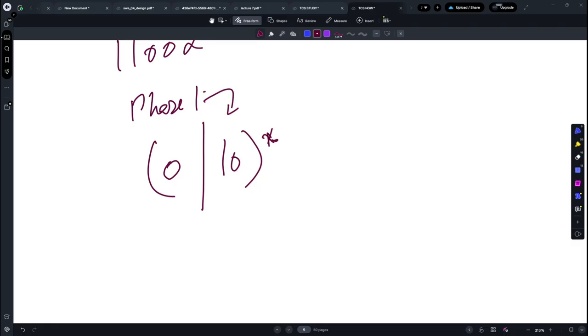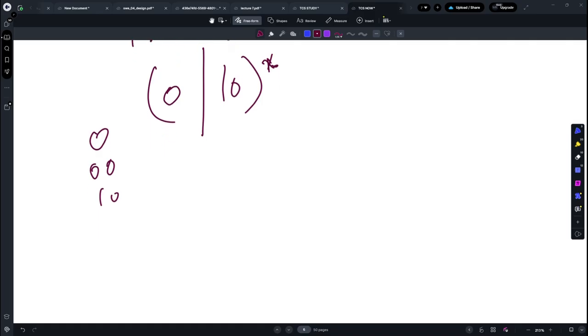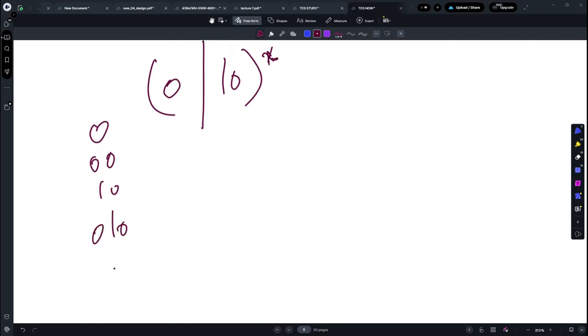Why do we do it? Because then we can always make 0, 0, 0, 1, 0, or 0, 1, 0, or 1, 0, 0, or 0, 0, 1, 0 with this 0, 0 again and then 1, 0 again. But 0, 0 is allowed, of course, but 1, 1 is not.